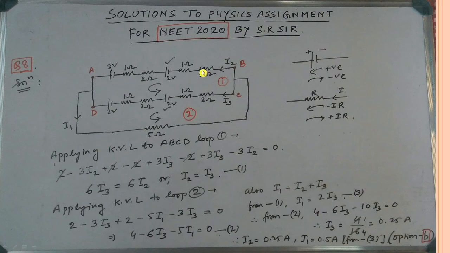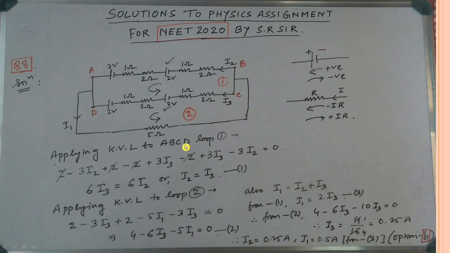So this is the circuit. Kirchhoff's voltage law will be applied to loop 1, this rectangle ABCD, and this mesh, loop number 2.